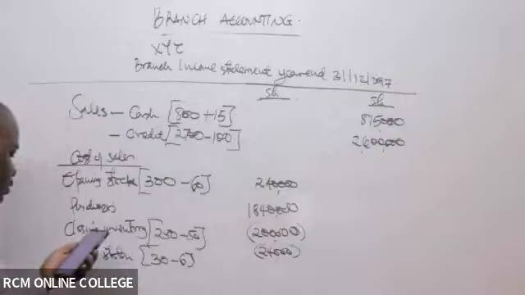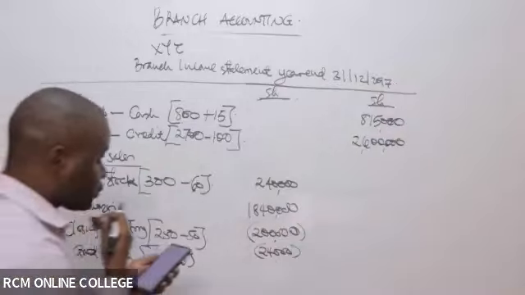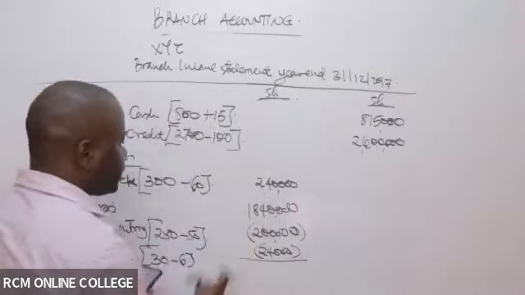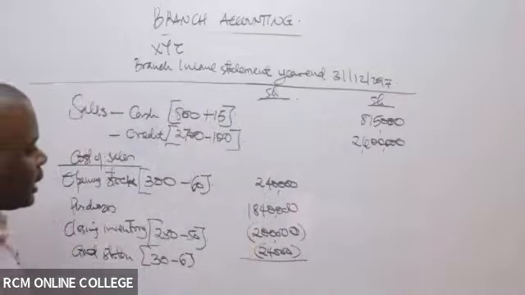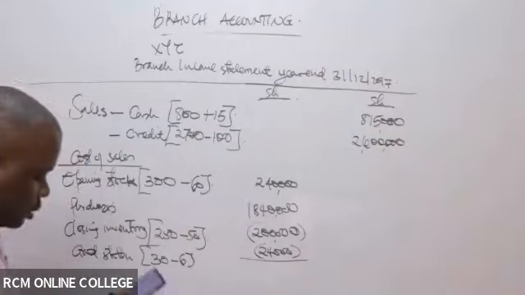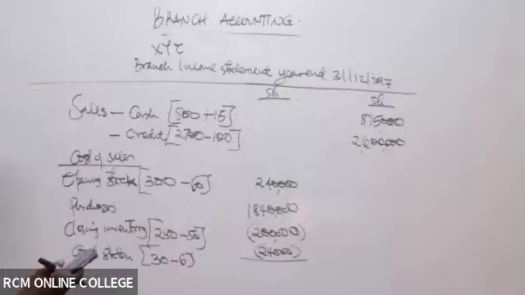So that should give us the cost of sales. How much are you getting? Just try to add and less. So 240,000 plus 1,840 minus 200 minus 24. What are you getting?